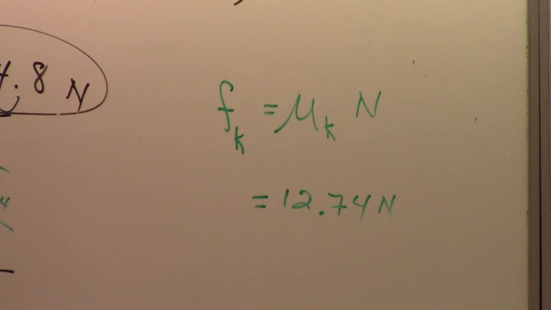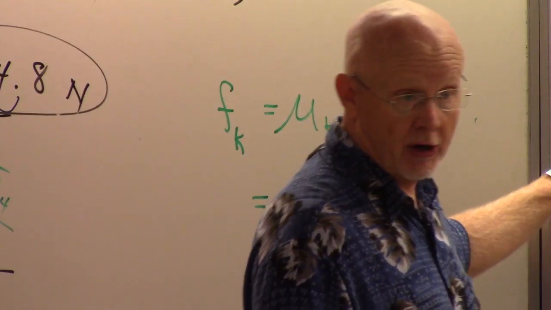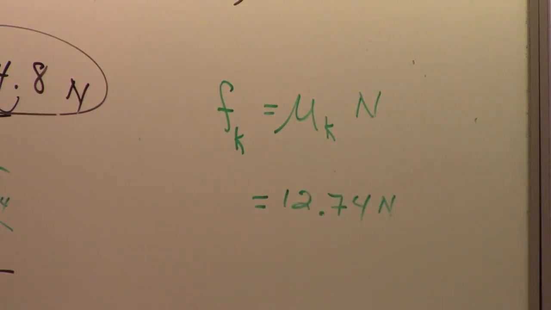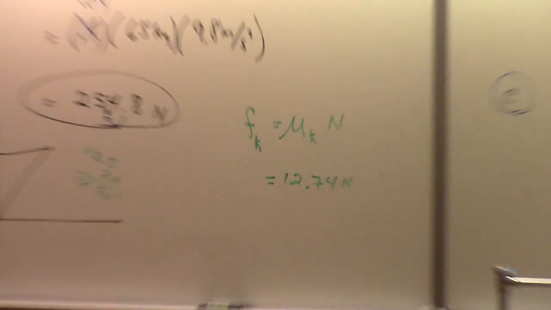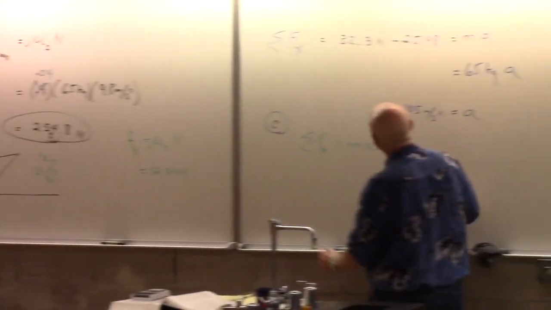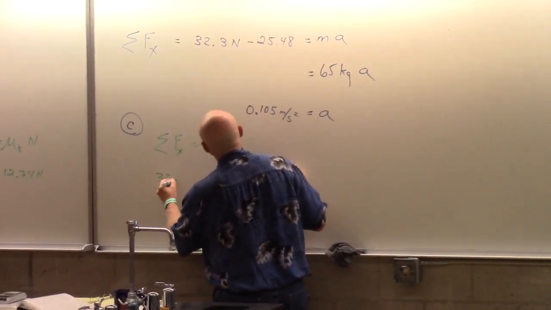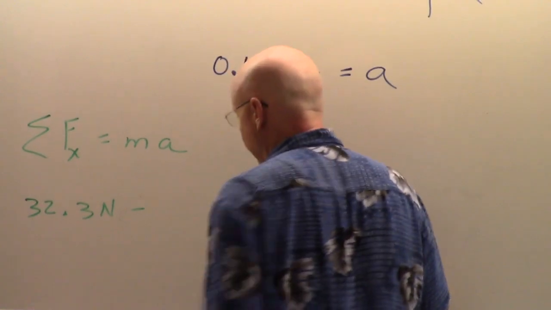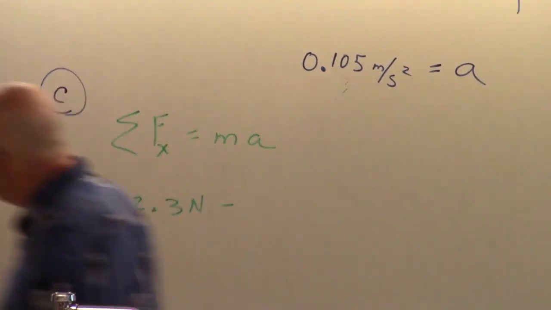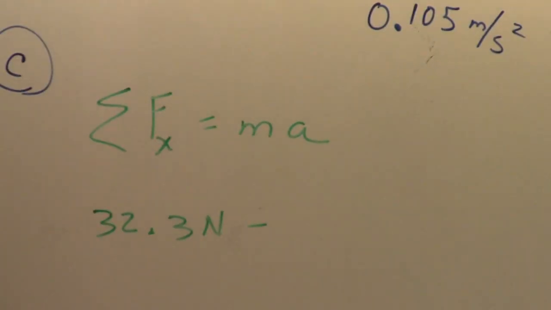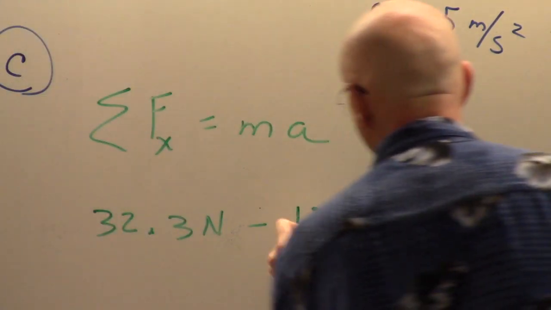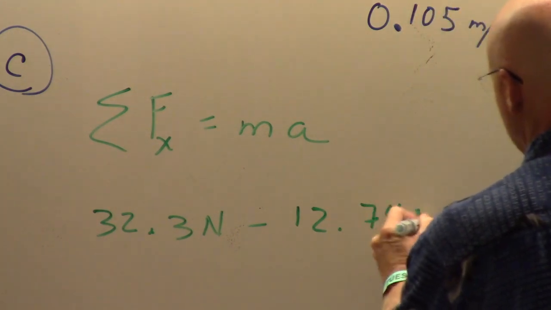All right, so there is the static friction. So when I come over here to part C, I'm going to do the same logic. Let's add up all the forces in the x direction and set it equal to ma. And in this case, I still have the 32.3 newtons from her friends, but now the friction is a smaller number of negative 12.74 newtons.